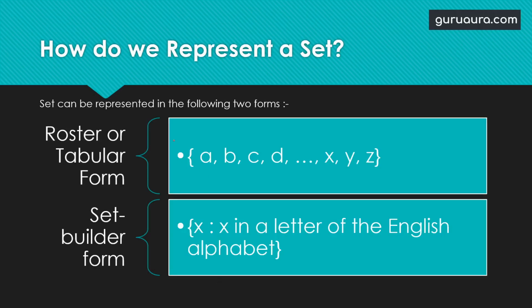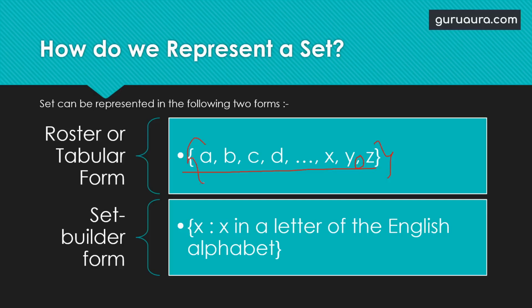Now let's see how we represent a set. A set can be represented in 2 ways, roster or tabular form and set builder form. In the roster or tabular form, we list out all the elements separated by commas enclosed within curly brackets.